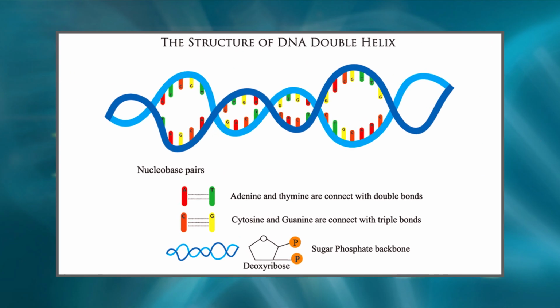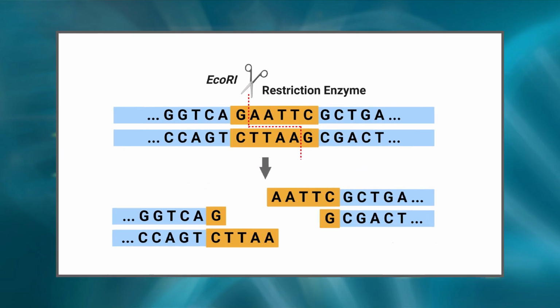To cleave, the restriction endonucleases make two incisions, once through each sugar-phosphate backbone of the DNA double helix. These endonucleases recognize a specific sequence of nucleotides and produce a double-stranded cut in the DNA. This specific sequence is usually 4 to 8 bases long and is present in the recognition site.